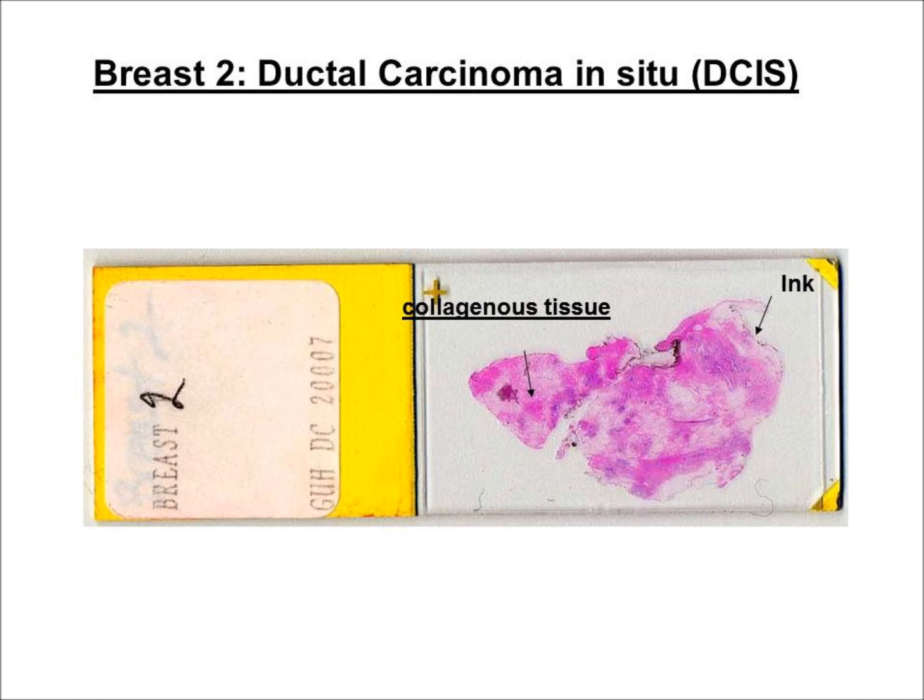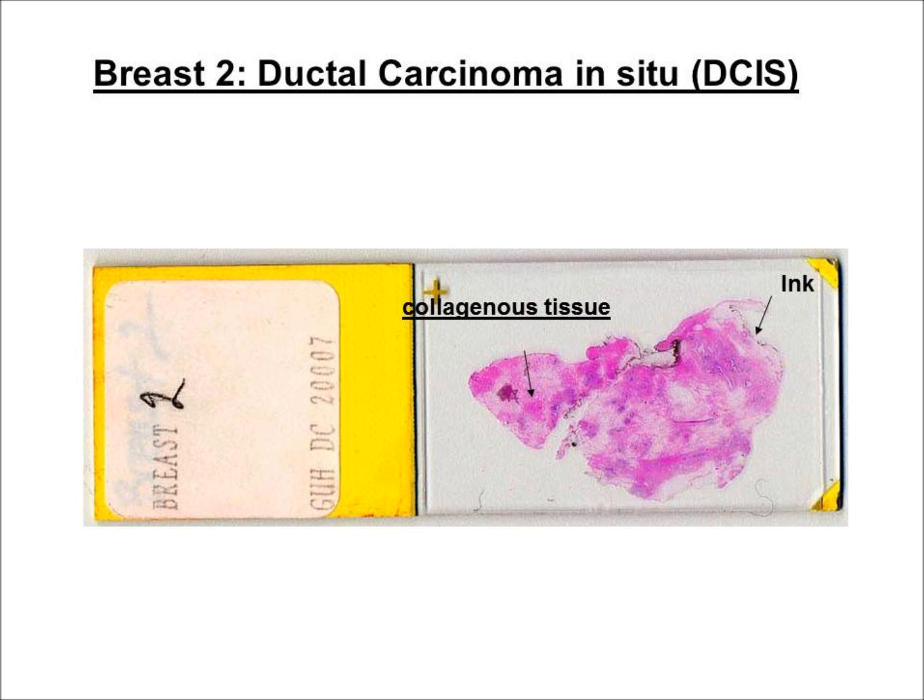Now examine the slide labeled breast 2. As always, first place the slide on a white piece of paper and observe that this specimen contains a large fraction of collagenous tissue. On one side of the section, you should observe some black ink. Indeed, as you go through these labs, you will encounter a number of sections that have ink on them. This deserves some explanation.